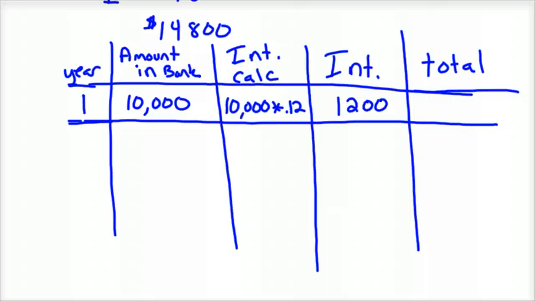The first year we have $10,000 that we put in the bank at the beginning of the year. At the end of the year, the bank calculates 10,000 times 0.12, or you earn in the first year $1,200 interest. And so you would have in the bank $11,200.